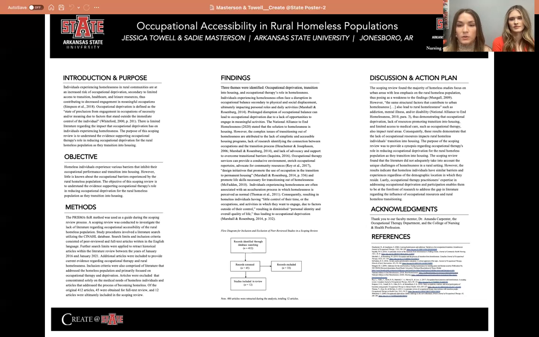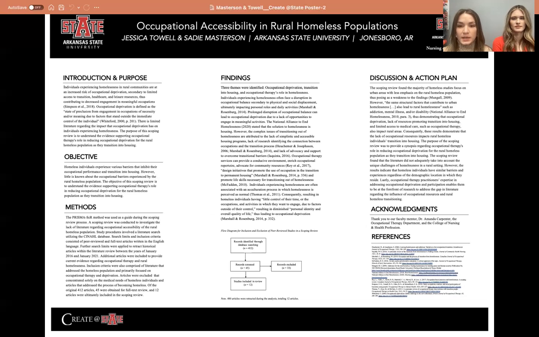The purpose of the scoping review was to provide a synopsis regarding occupational therapy's role in reducing occupational deprivation for the rural homeless population as they transition into housing. The scoping review found that the literature did not adequately take into account the unique challenges of homelessness in rural settings.